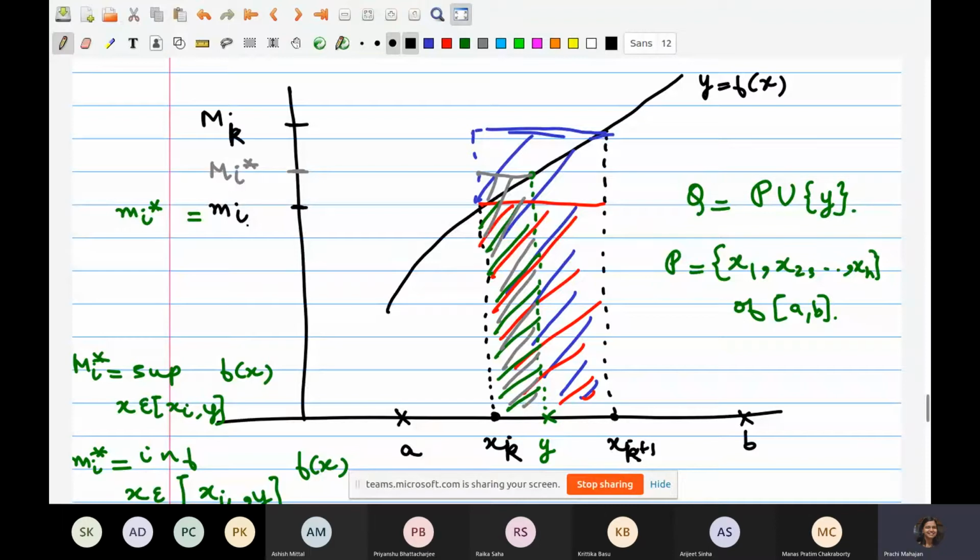So when I'm taking the difference between the upper sums corresponding to the kth subinterval, which difference am I considering?